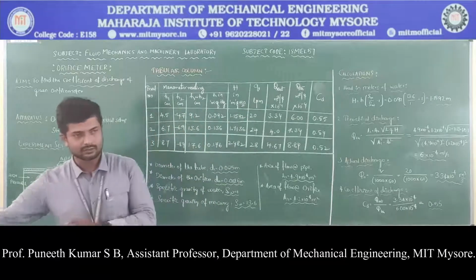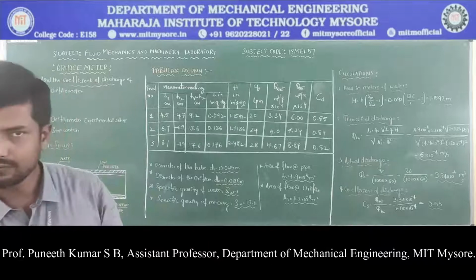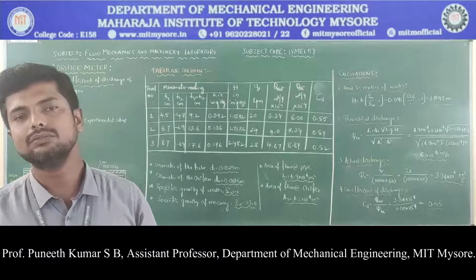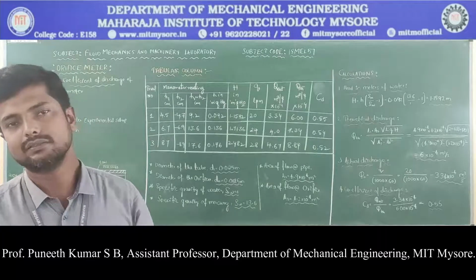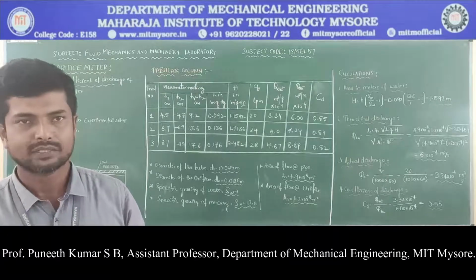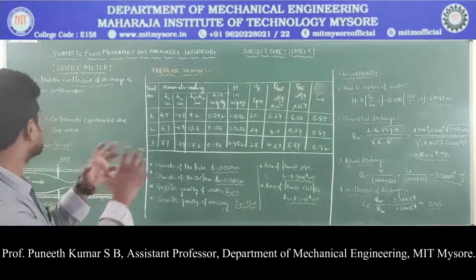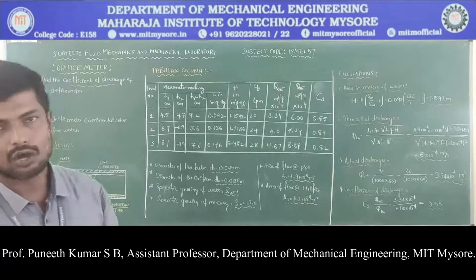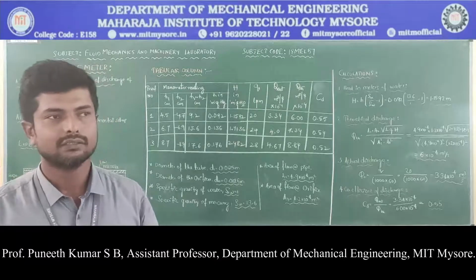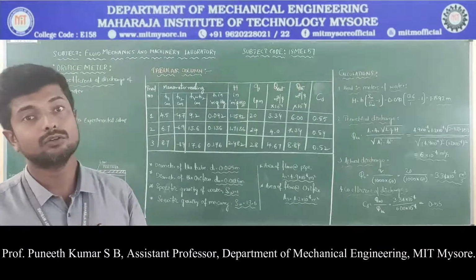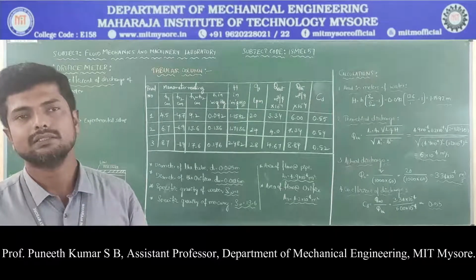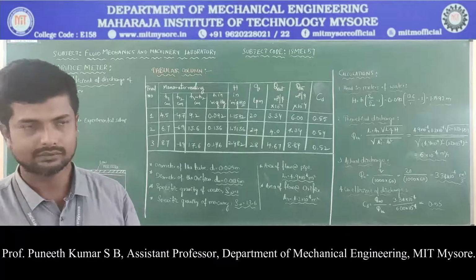The actual purpose of the flow measuring device is to measure flow rate, but in this experiment we are trying to calibrate the device and find its Cd value. The main aim of the experiment is to find the coefficient of discharge, that is, to calibrate the particular orifice plate.